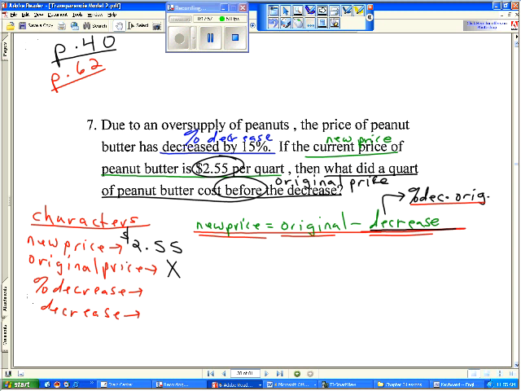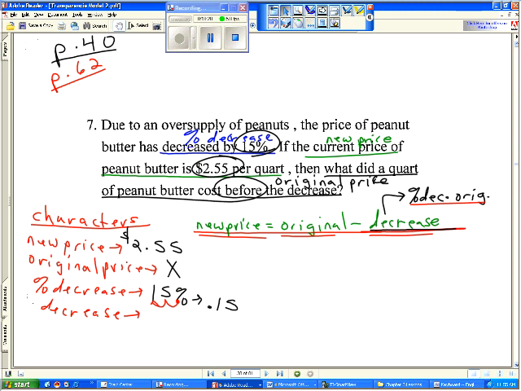So the original price, X. Now, percent decrease. What's my percent decrease? It's 15%, which as a decimal is 0.15, right? You move your decimal 2 places. Now, you just put 0.15. That's fine.